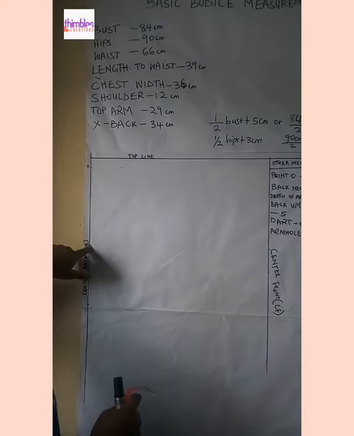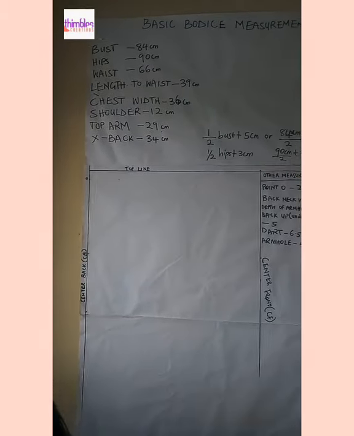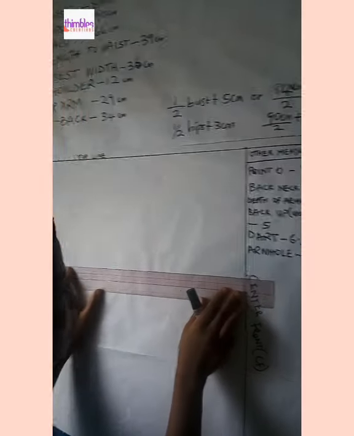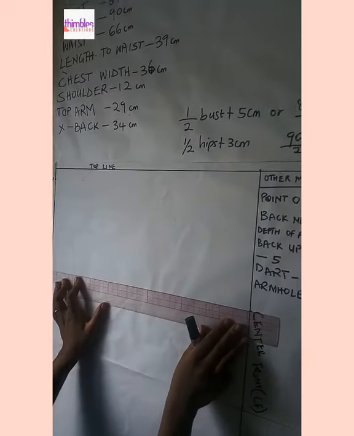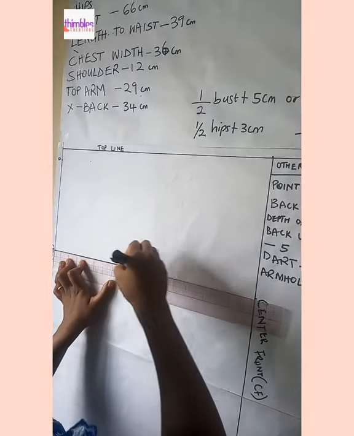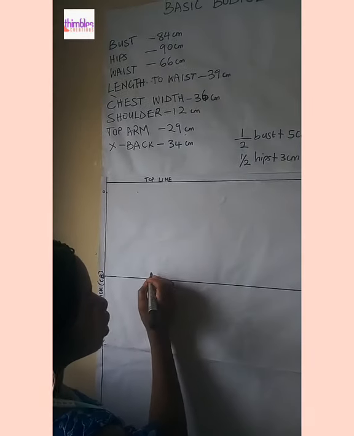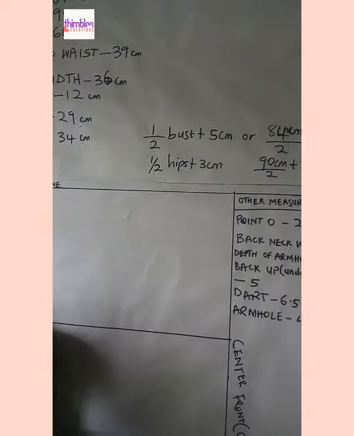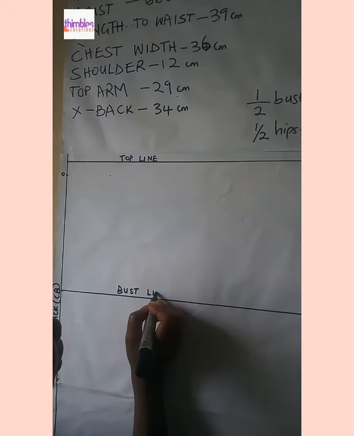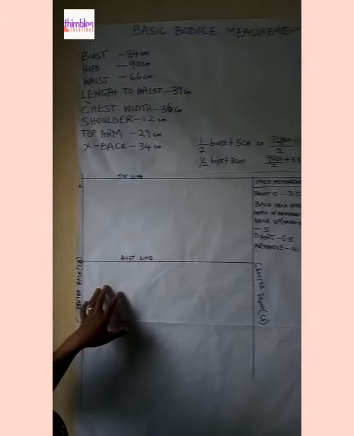I marked here and here on the same level, so I'm going to draw my line on that 20.5. Okay, so this is my depth of armhole or bust line. Let me label it as bust line.